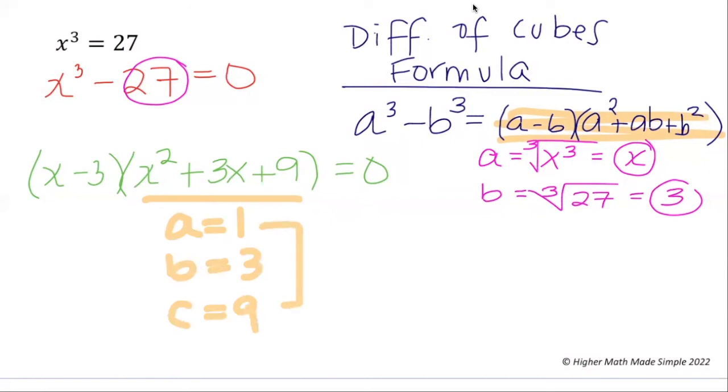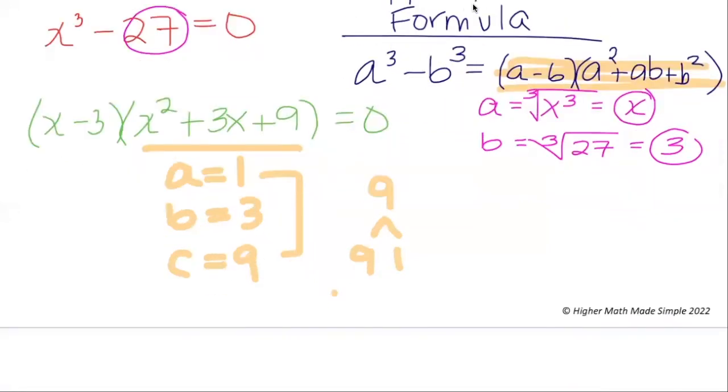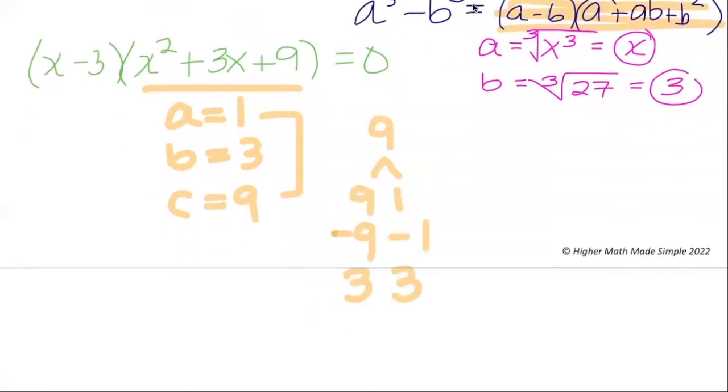So if we multiply A times C, that's 9. If we look at all of the factors of 9, negative 9 times negative 1 works as well, right? And then we could do 3 times 3, and also a negative times a negative is positive. So these are all of the factors.